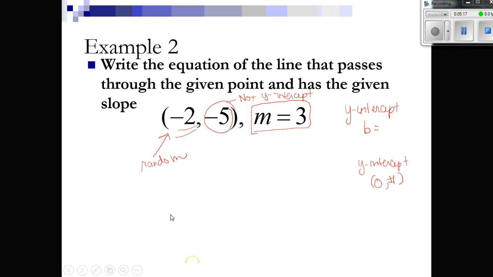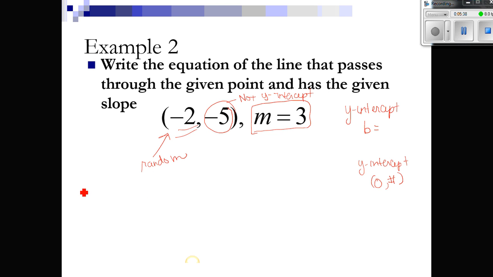Now you're probably thinking, well, I could just go ahead and get a coordinate plane out and start plotting these on a coordinate plane and try to figure out what the equation of the line is. Well, it's not a very efficient way of finding the equation of the line.